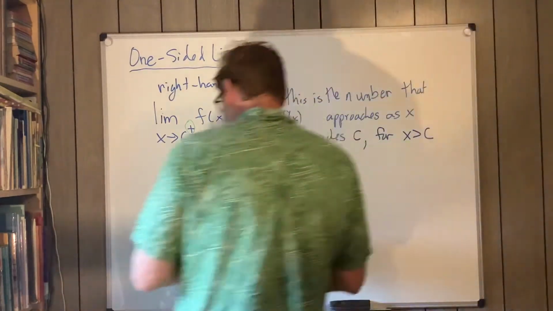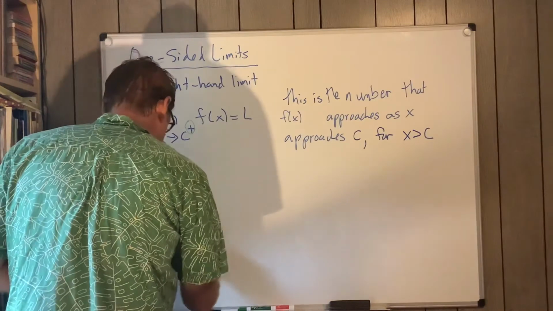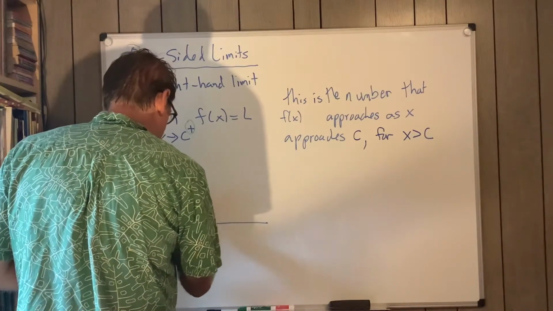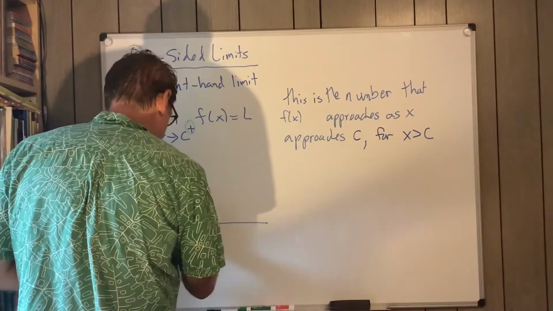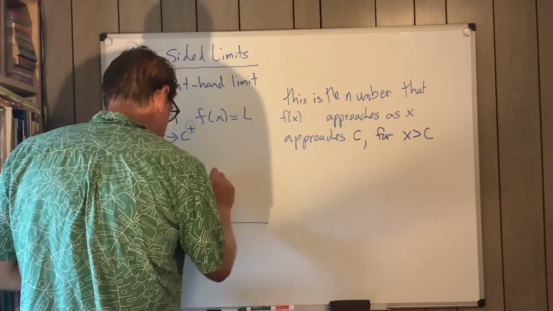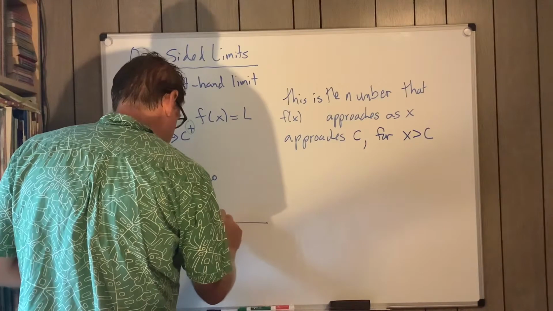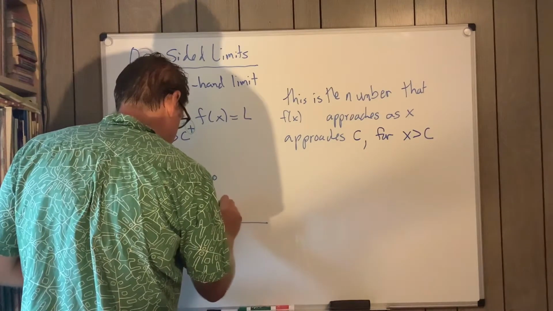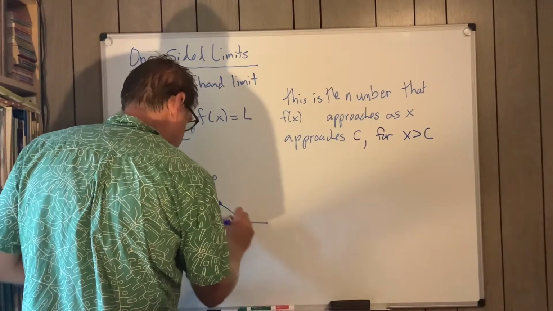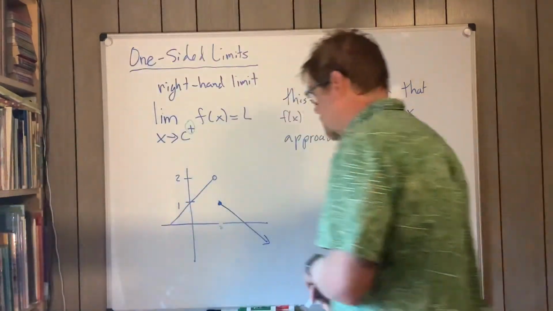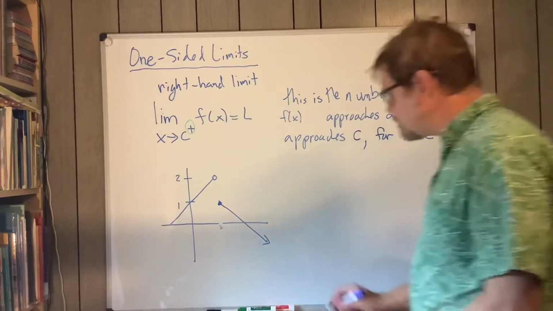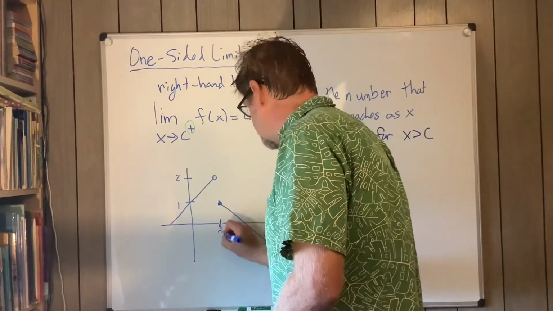Let's look at an example. Let's say I have a function that looks like this. Sorry, my function looks like that. And let's say this is 2, for example.